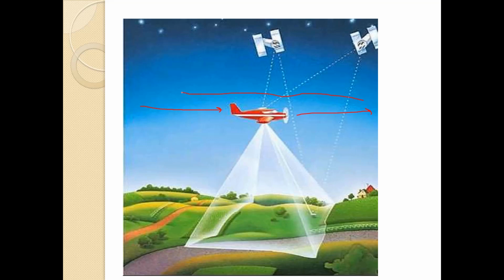First it completes this strip of this particular region, then it flies back in the other direction photographing the next strip. By overlapping all these photographs we get the map of the entire area.